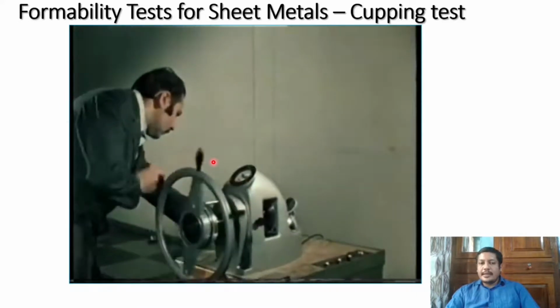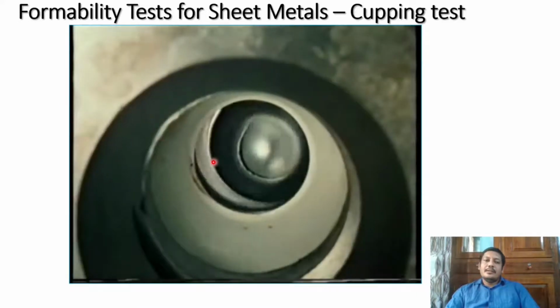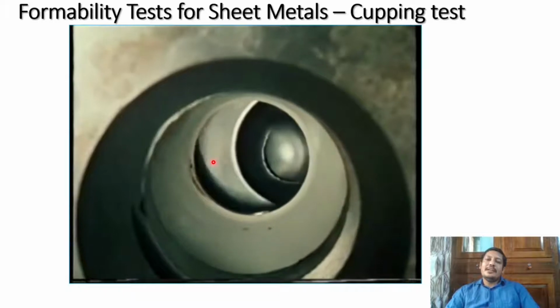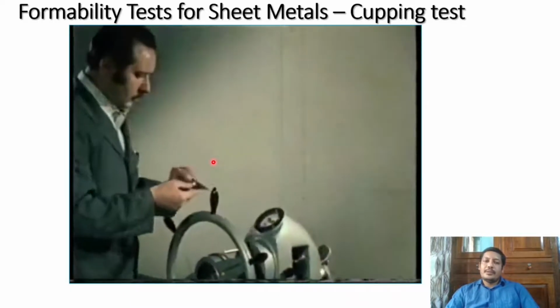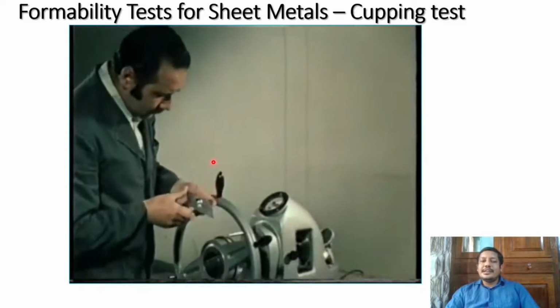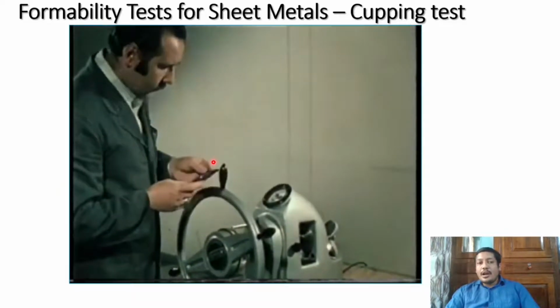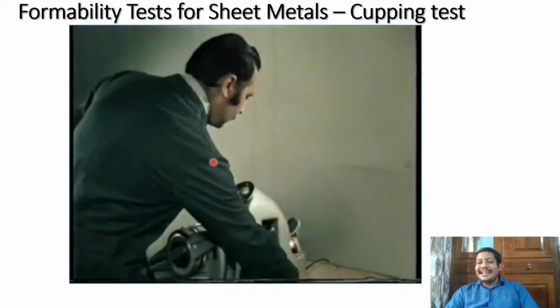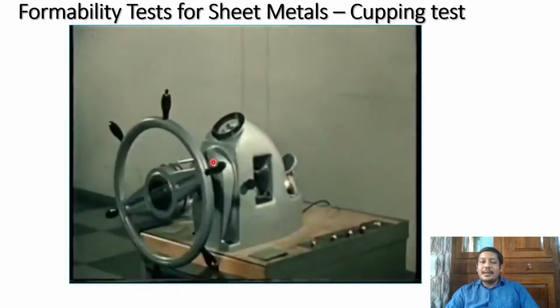So you can remove the fractured specimen and take it out. From the calculations you will be able to know how much force can be exerted on that particular material.